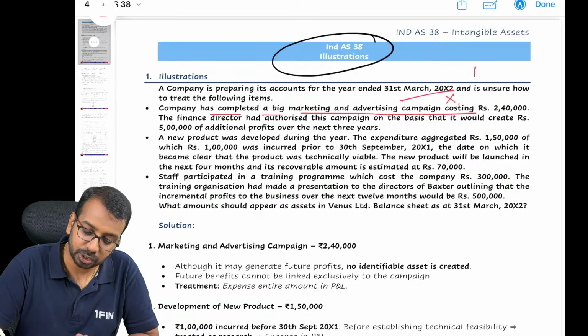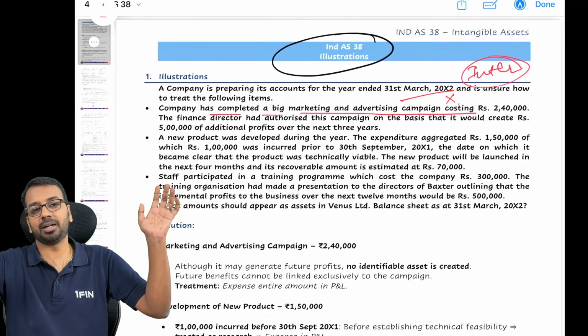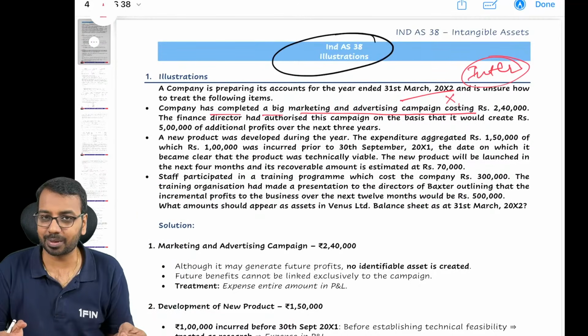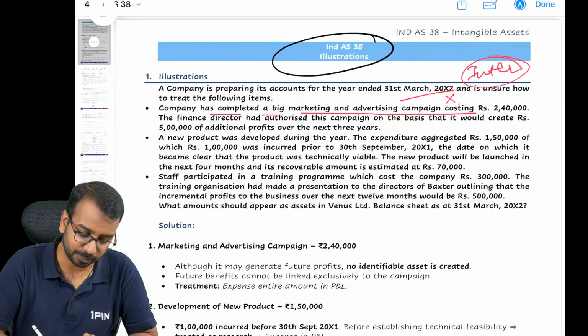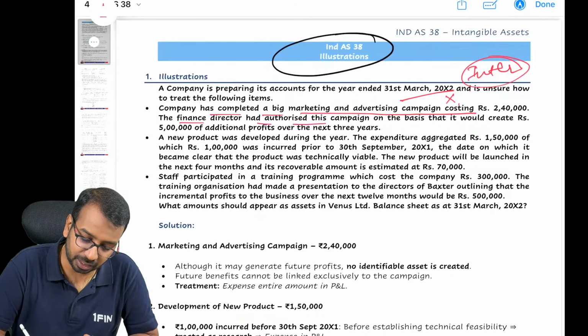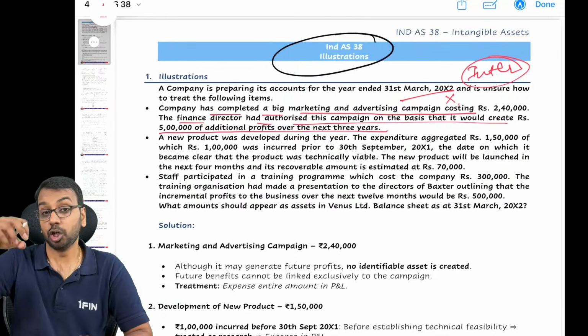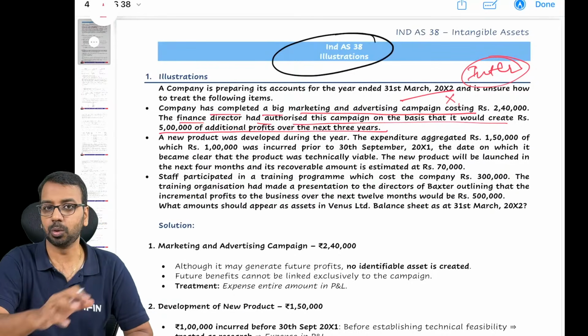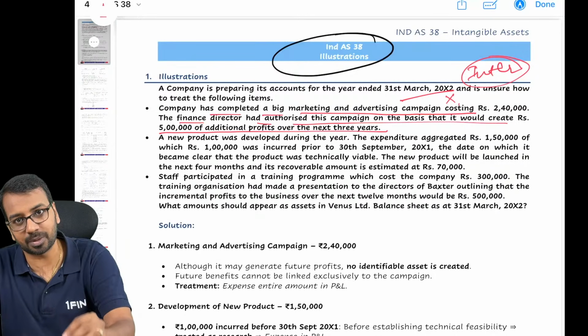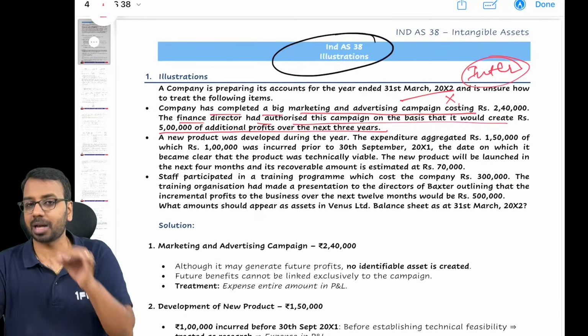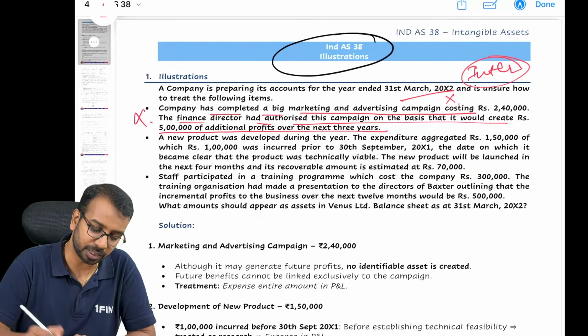In interim financial statements also, sometimes they'll say huge expenditure incurred, the company wants to capitalize. Can we capitalize? No, we cannot. The finance director had authorized this campaign and it will create 5,000 of profit. See, these are estimates. Do I have control over these benefits? No. Can I say that because of this advertisement so many people will come and buy? No. So this will not be considered.